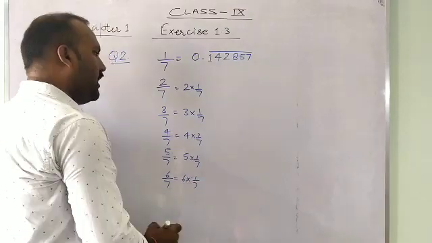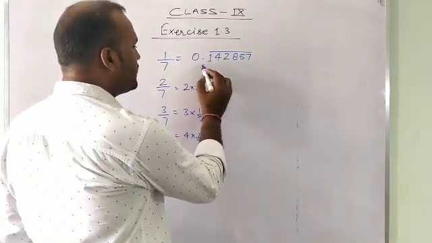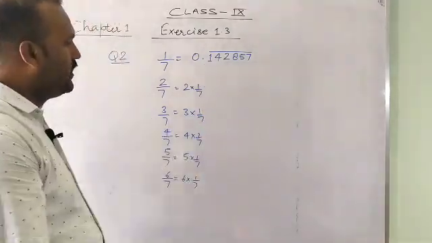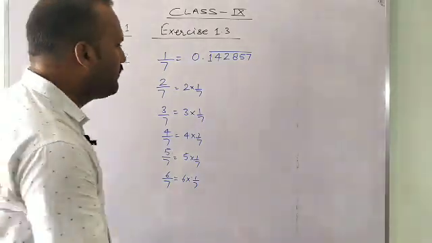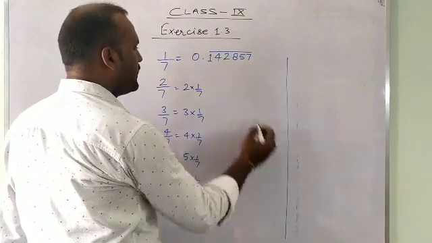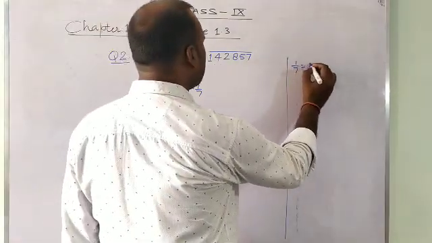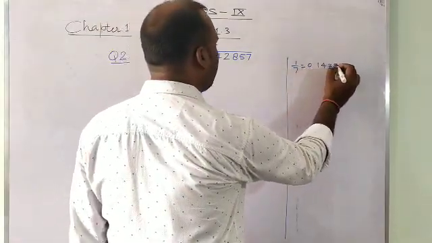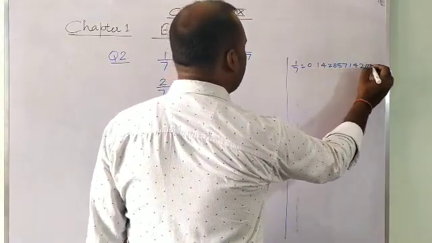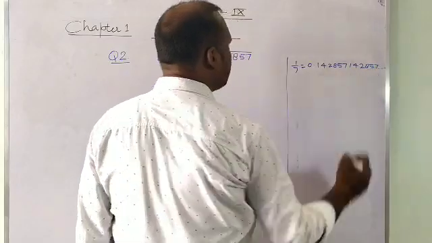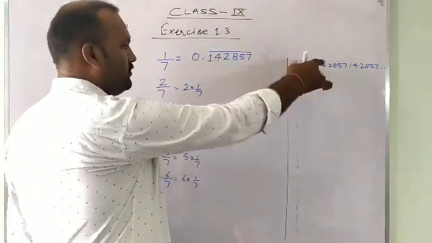After multiplying you will get the value. First write 1 by 7 equals 0.142857, again 142857, write it 2 times, and then multiply by 2.